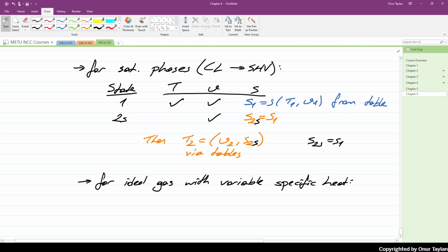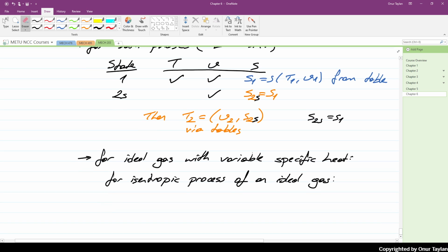In that case, we have these isentropic relations for an isentropic process of an ideal gas. The pressure ratio P2S over P1 is equal to PR2S over PR1. What is PR? It is just a parameter. I will tell you that one in a minute.